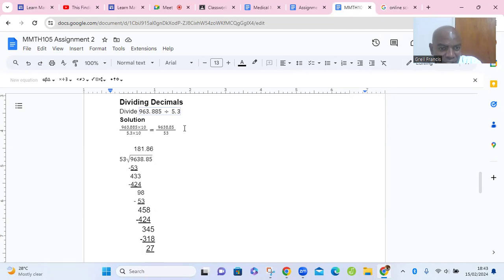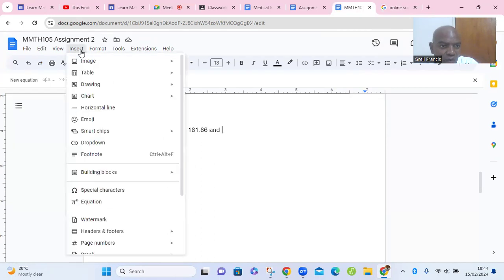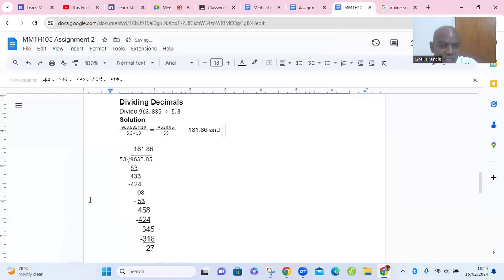Okay, so the answer now, you can write the answer as 181.86 and a remainder, and that remainder now is the 27 over 53. Okay, so that remainder is like a fraction again. That's like 27 over the 53.